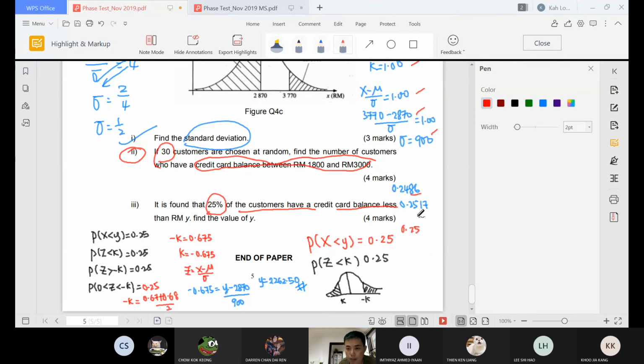It's only close, not very close. This is 0.0017 and this is 0.0014. You take 0.25 minus 0.2486, you still have a very big gap. This is 14, this is 17. Of course, you compare, this is nearest, but it's also quite far.